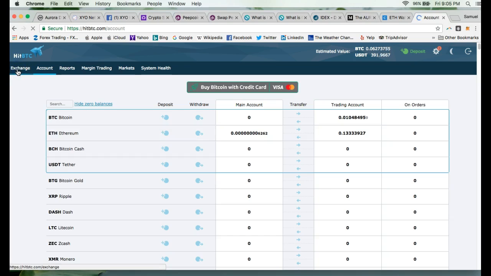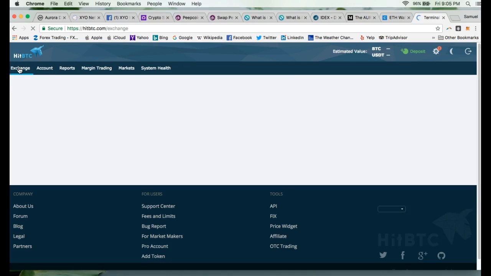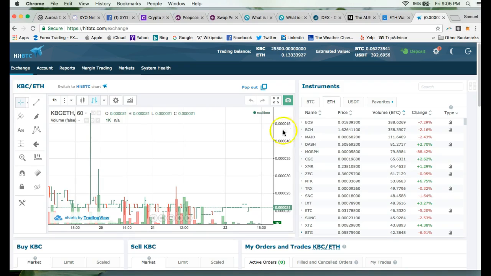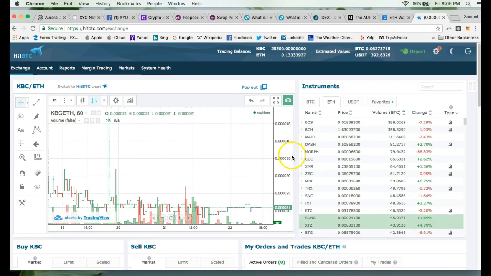It's a real simple process, and you'll see as I get into the exchange how the bidding actually moves. Once you go over to the exchange, your chart will come up. This is the trading chart from TradingView, a very reputable company in the trading industry.